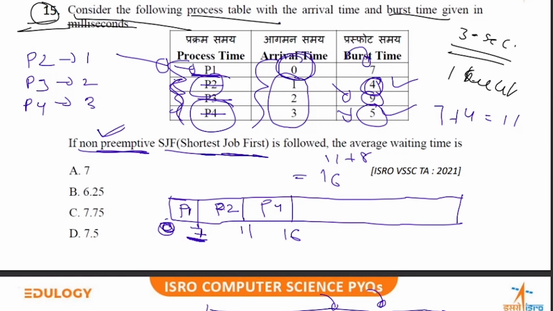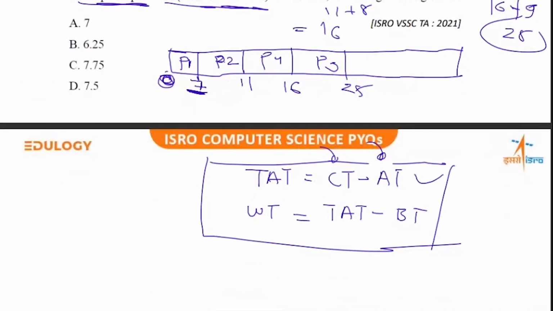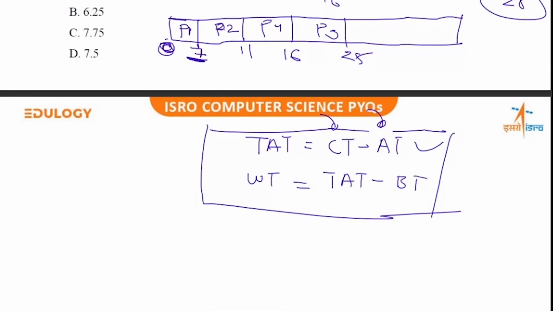Now there is only one process remaining, which is P3. From 16 onwards plus 9, which is 25. So it will finish its execution at 25. Okay, this is our Gantt chart. Now you can calculate everything from this Gantt chart.